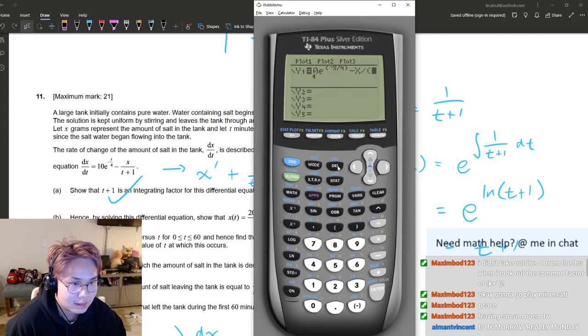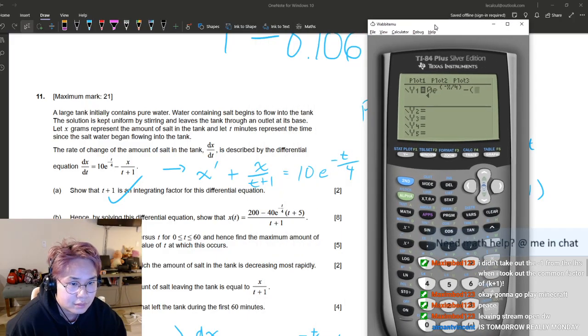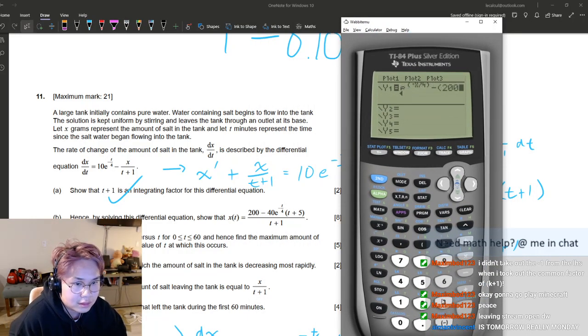This sucks. Okay, well, here we go. So 200 minus 40 e negative x divided by 4. Well, it's not that bad, but still. Plus 5. Bracket, bracket, and I'm dividing this by t plus 1 and then another t plus 1. So t plus 1 squared.